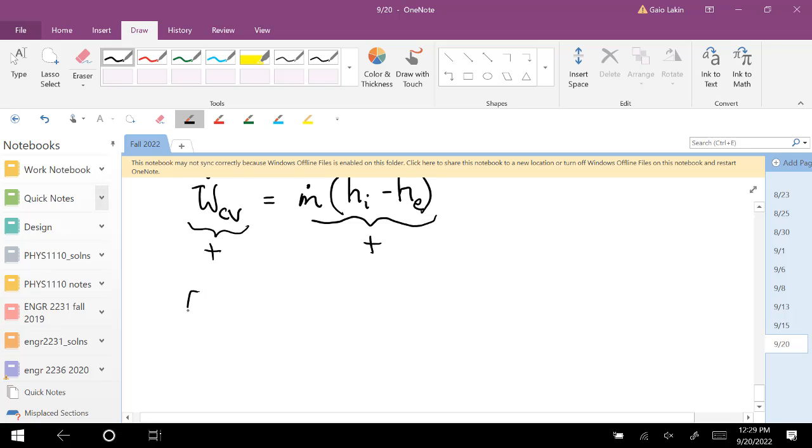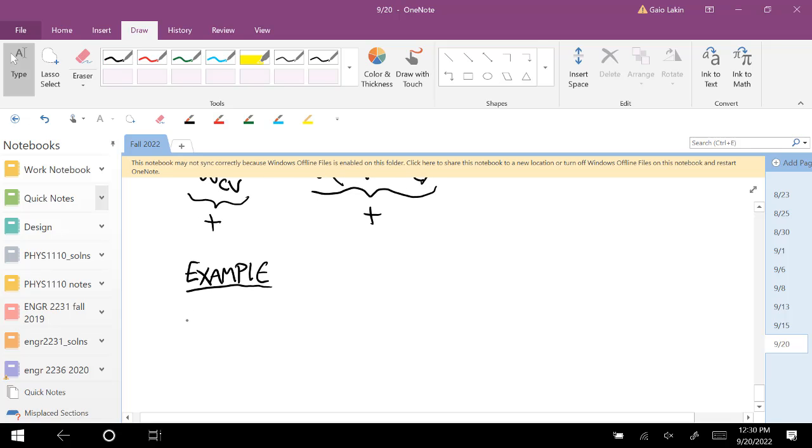Okay, let's do an example for a turbine. So let's say that the fluid flowing is steam. And let's say that we know the mass flow rate is 1.2 kilograms per second.